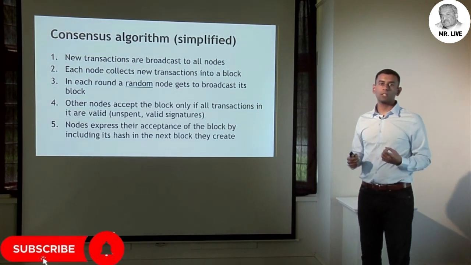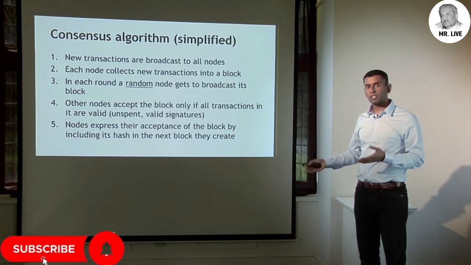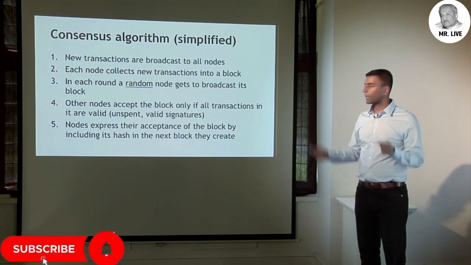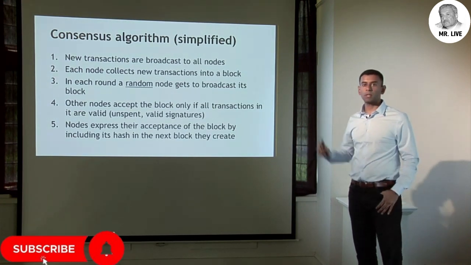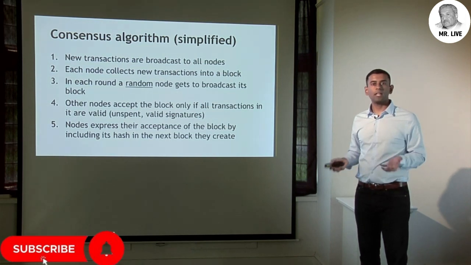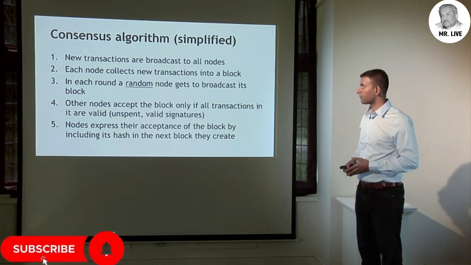And any one of these nodes is constantly listening to the network and collecting a list of outstanding transactions that have not yet made it into the blockchain. At some point, one of these nodes is going to be randomly called upon to propose the next block. It's going to round up all of the outstanding transactions that it's heard about and propose that block.